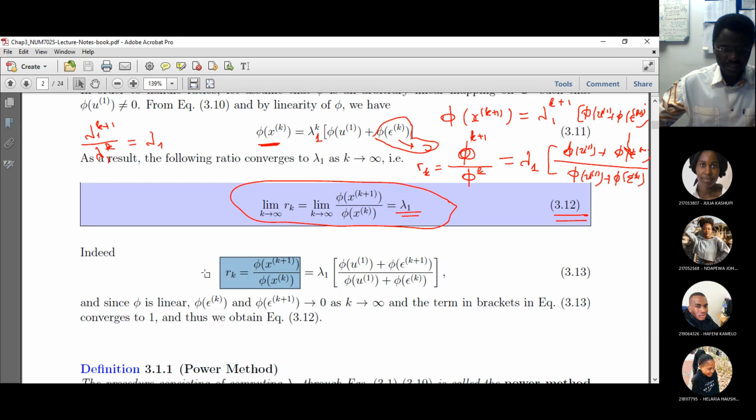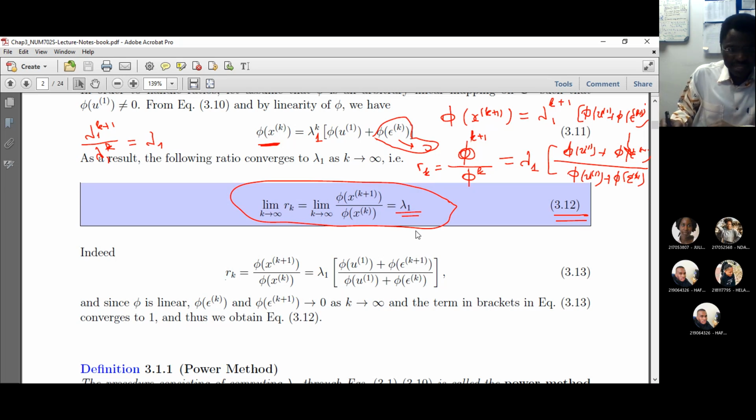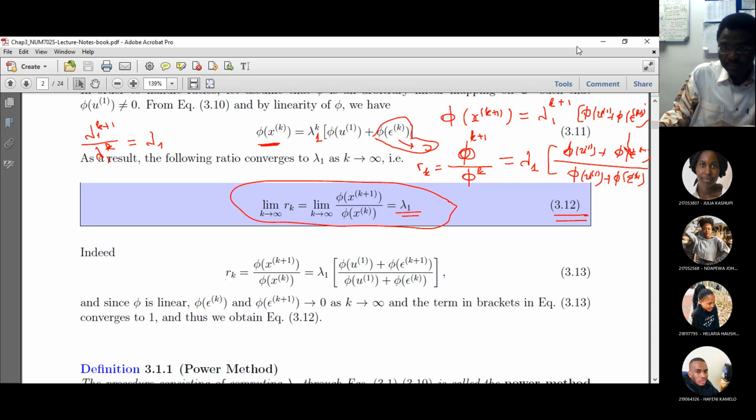The approximation of lambda, here we call it Rk, or we can call it lambda 1 to the k, right? Let me append that here.